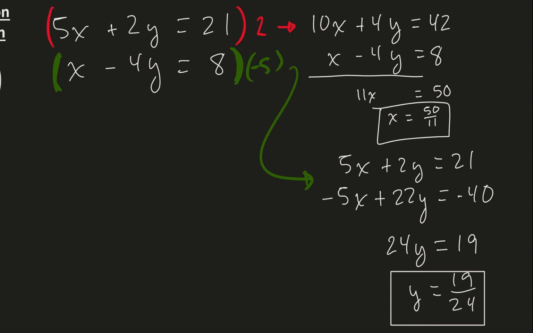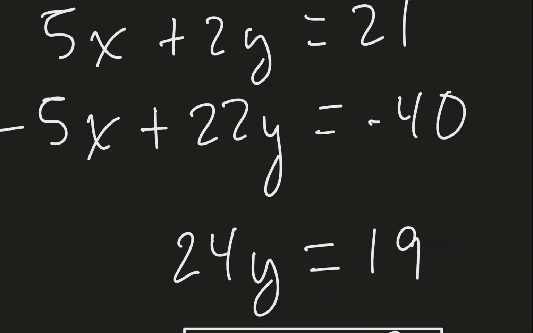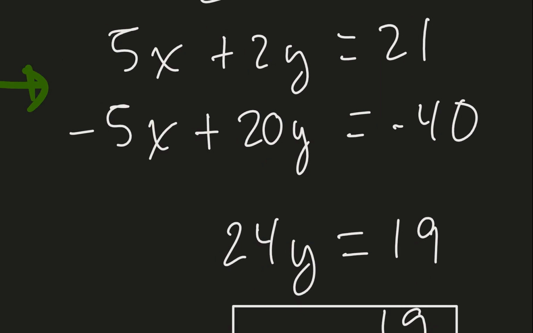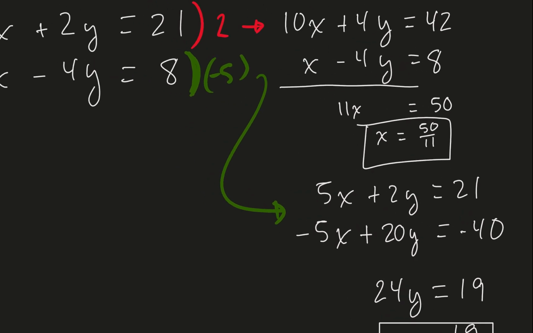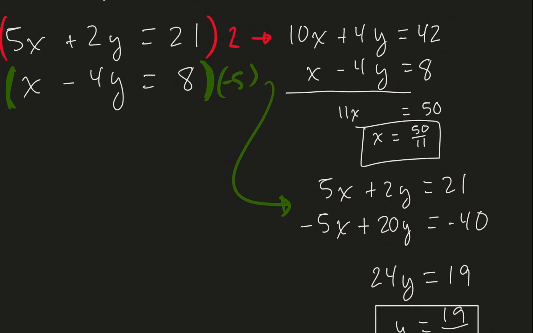My error is when I multiply negative 5 times negative 4, I should have gotten positive 20. So this is my error. This should have been the number 20. I know some of you are like, oh my gosh, we made a mistake. No, this is the coolest thing that can happen, because every opportunity I can have to go between what I wrote and what I should have written, it's just amazing.